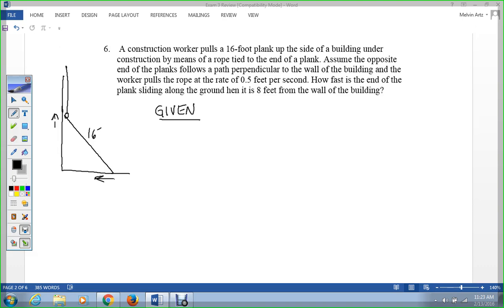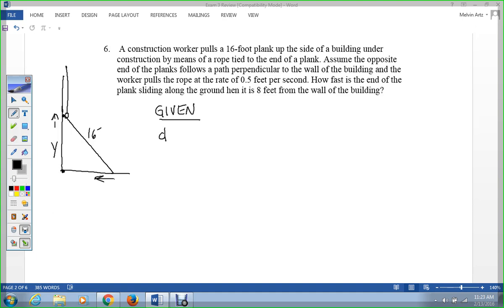So it says that assume the opposite end of the plank follows a perpendicular path to the wall of the building, and the worker pulls the rope at the rate of 0.5 feet per second. So if I say this side over here, the distance from the ground and the building to where the top of the plank is, I'm going to say that is y, that distance.